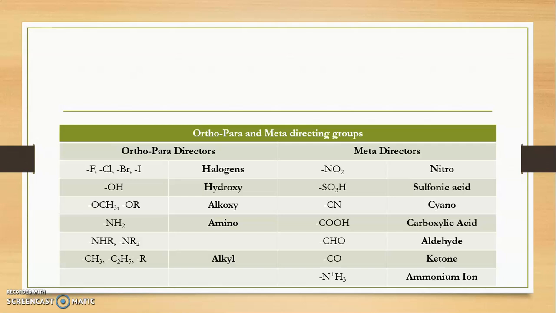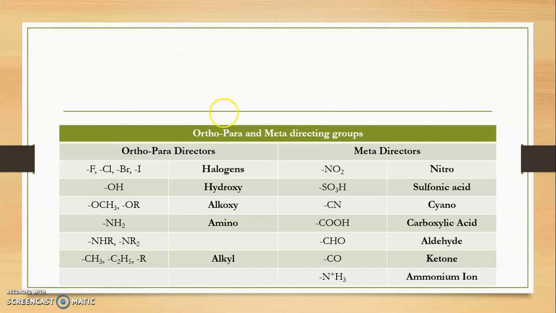In addition, the very common alkyl group also acts as an ortho para director. Remember, the alkyl group shows an electron donating inductive effect. So the inductive effect as well as the resonance effect play an important role in deciding whether the compound is an ortho para director or a meta director.